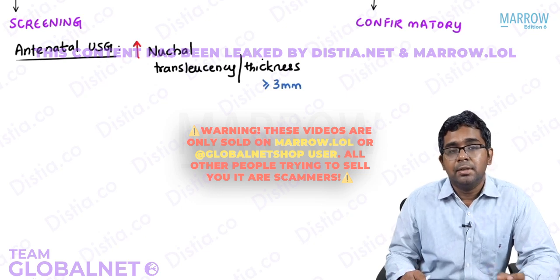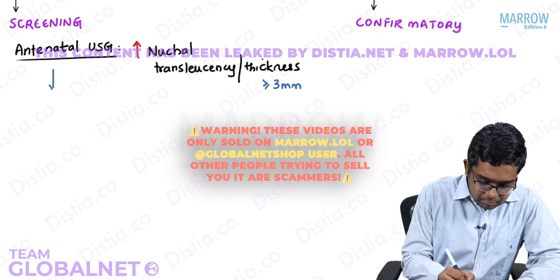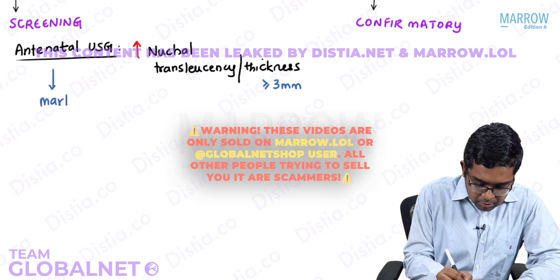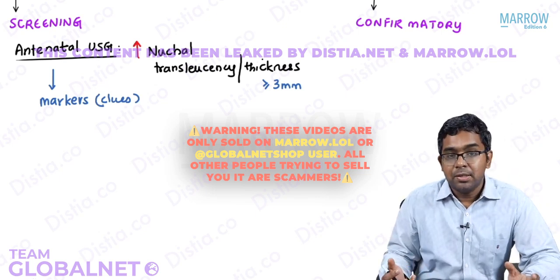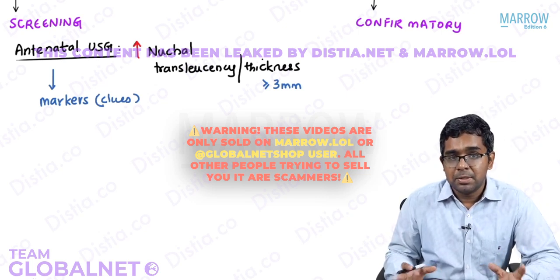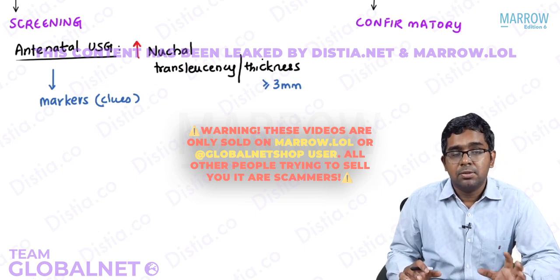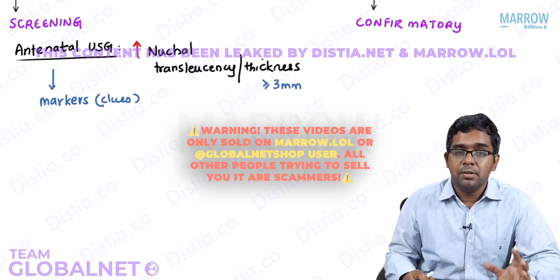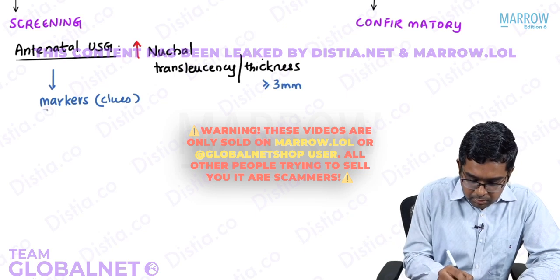Also in the ultrasound you can have other markers, or what we call clues to the possibility of a Down syndrome or a trisomy. Again, these are not specific findings, only markers to suggest that there is a possibility of Down syndrome. What are they?